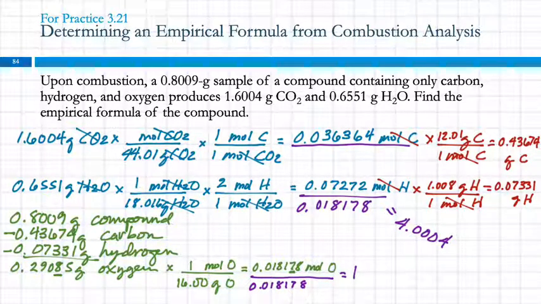And then this one, 0.036364. Oh yeah, that's not good. I used the minus sign instead of the point. 0.36364.